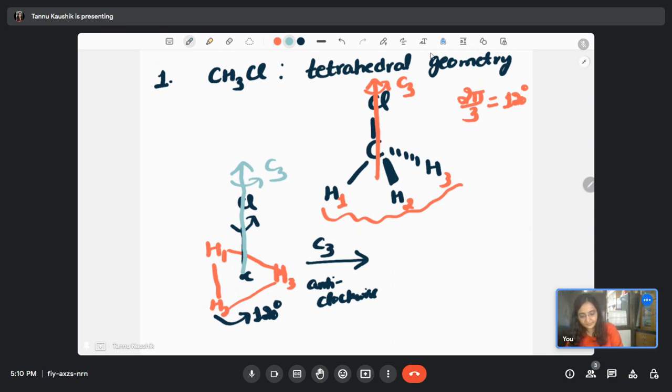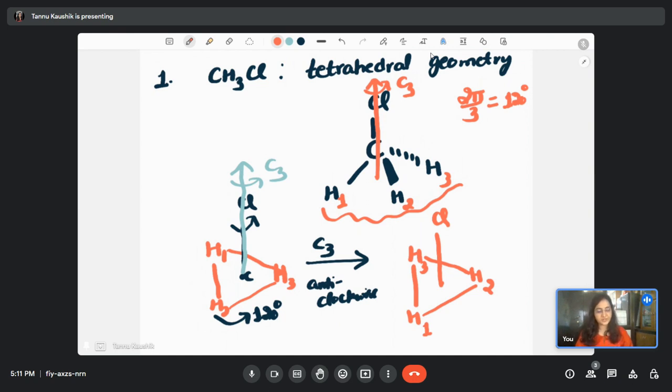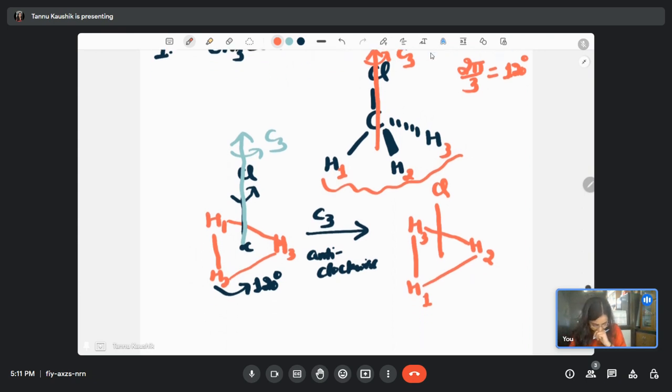So the configuration will become H2, H3, and this H1. The Cl is on the axis of rotation, so it will remain in its position. These protons are changing their position, but the configuration we are getting is equivalent to the initial configuration.